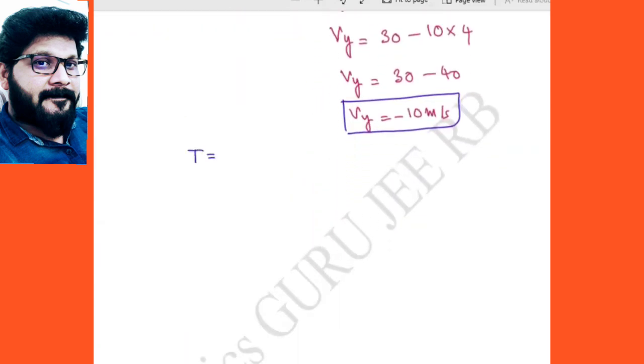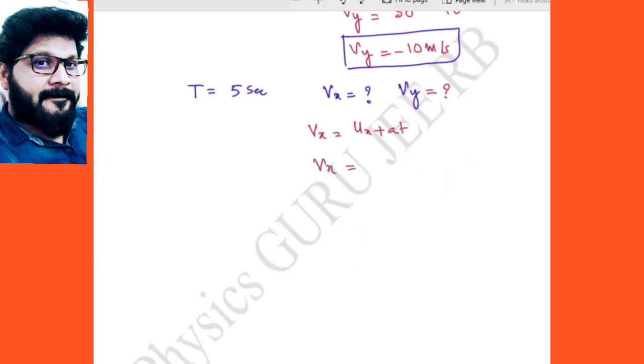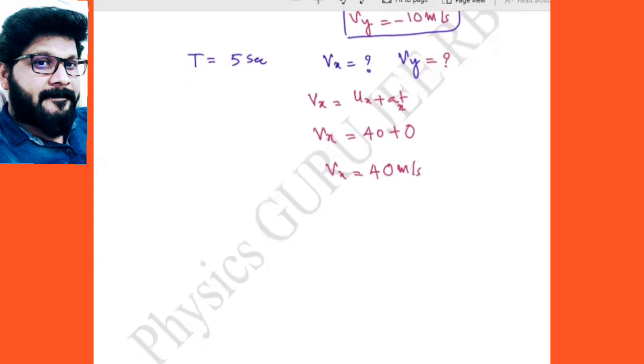Now t equals 5 seconds. Can you tell me, for 5 seconds, what is Vx and Vy? Tell me the answer first. Vx equals Ux plus a into t, which is nothing but, Ux is how much? 40 meter per second plus 0. So Vx is equal to 40 meter per second, right? Most of them posted the correct answer.